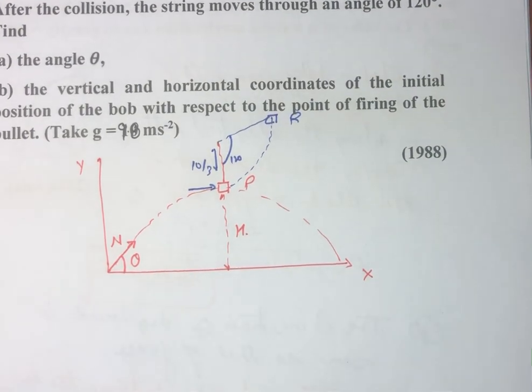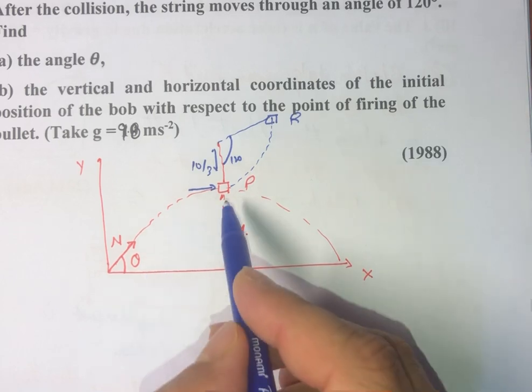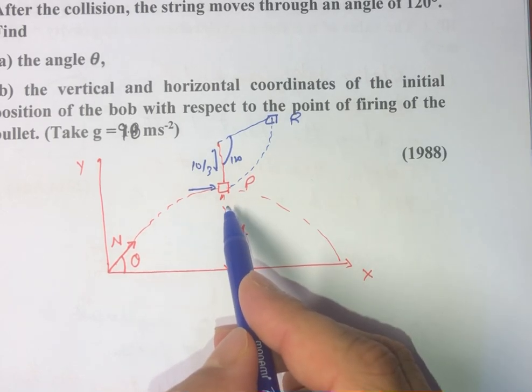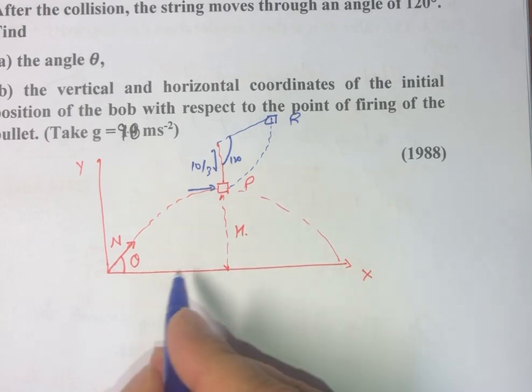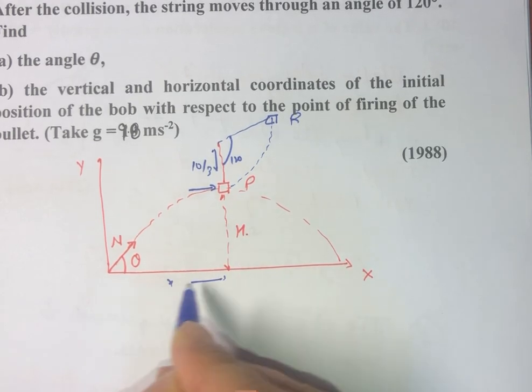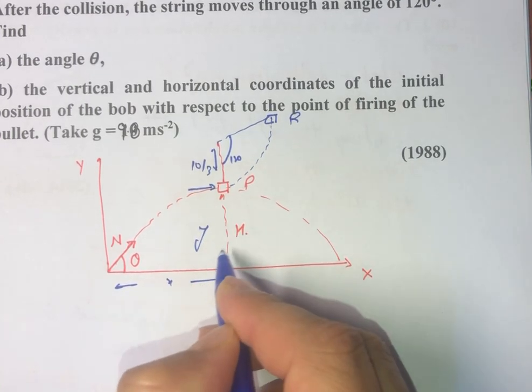So we are supposed to find out this angle theta and the x and y coordinates, vertical as well as horizontal. It means we are going to find out h and x, and let us suppose this is y.